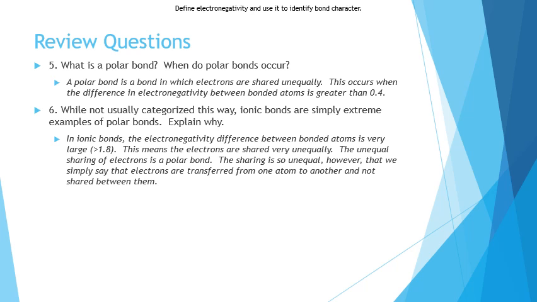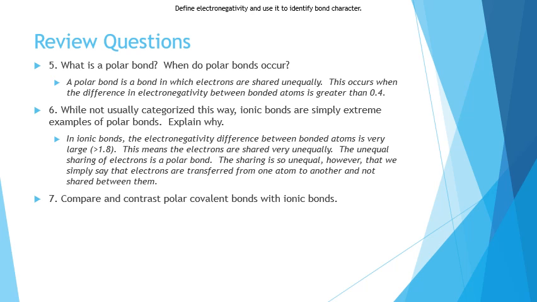So the electrons are shared very unequally. In fact, so unequally that we simply say the electrons are transferred from one atom to another and not shared between them, because that sharing is so unequal that we just say one atom takes the electron or gains an electron, another loses an electron, but it's really just an extreme example of a polar bond.